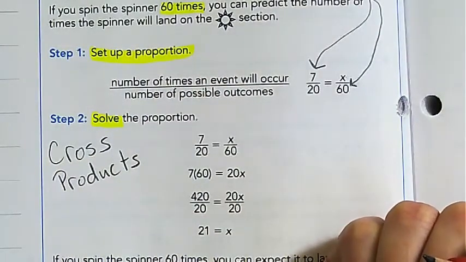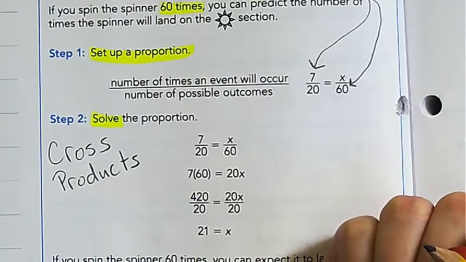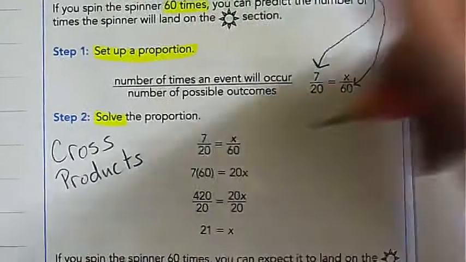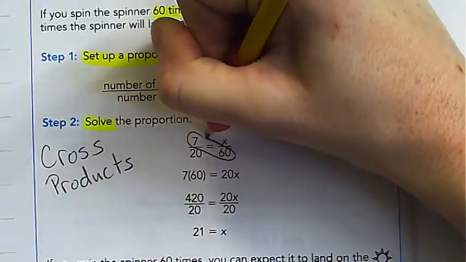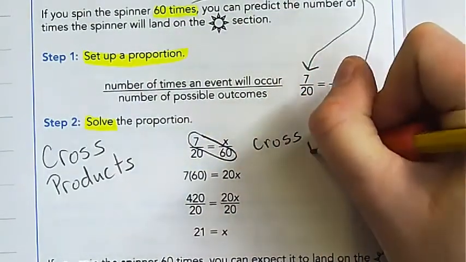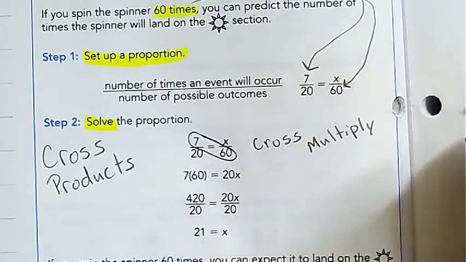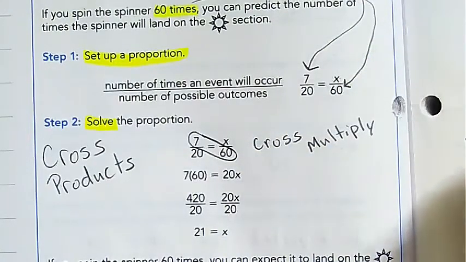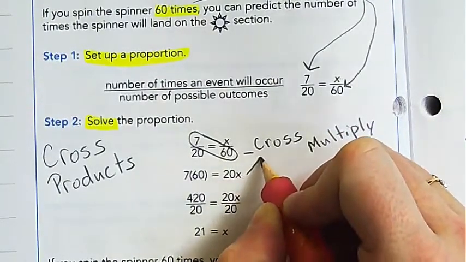Cross, multiply, and divide. Multiply the numbers that are diagonal. Cross multiply. That's what they did here and here.